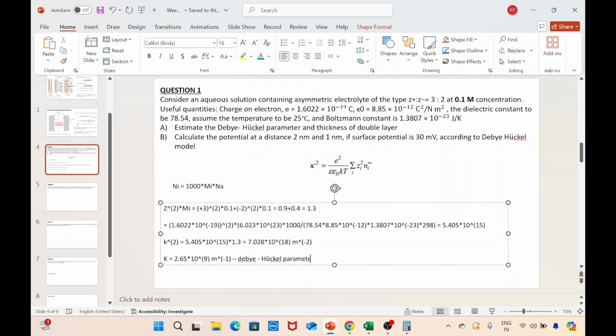Your kappa inverse is nothing but your Debye length. So this is nothing but 1 by this value, 2.65 times 10 to the power 9.